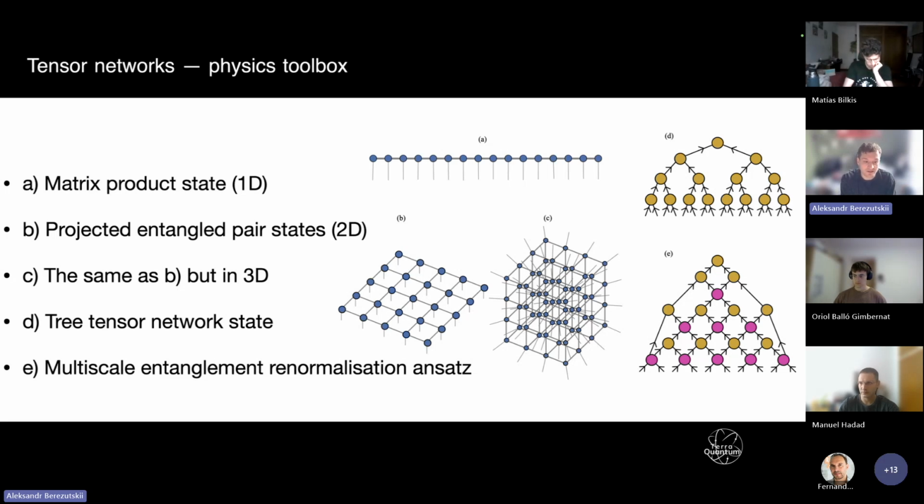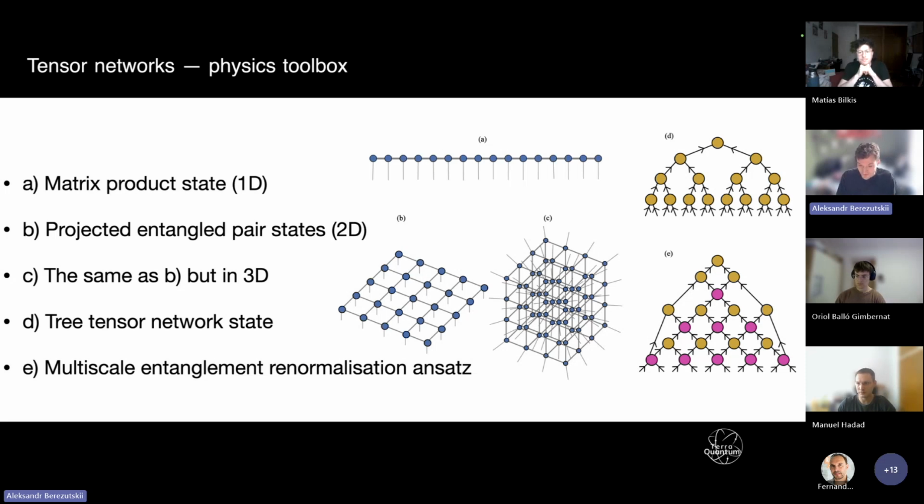But what I want to say here is that physicists came up with a whole bunch of different tensor networks. For example, the one in B is used for two-dimensional systems, and the one in E is used for systems with a special structure of entanglement in them.